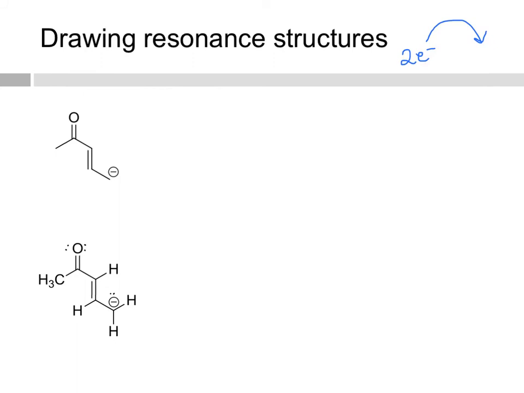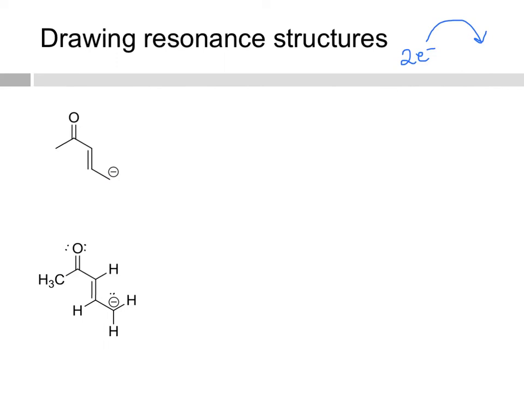Now if you were to think about the resonance form again, so let's go back here. If we were to think about the resonance form, we're going to start from this electron pair here on this carbon. We want to delocalize it and see if there are any resonance forms possible. The first thing we do is we start drawing our arrows and see if we can take it anywhere.